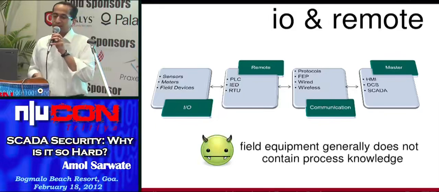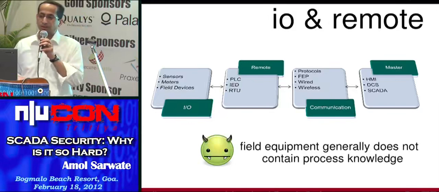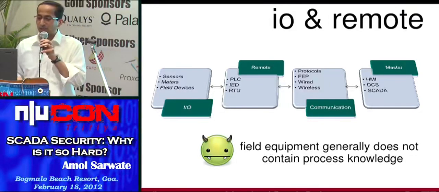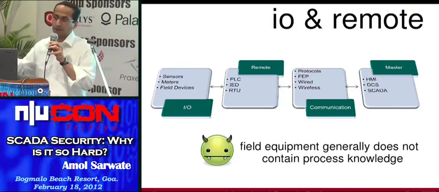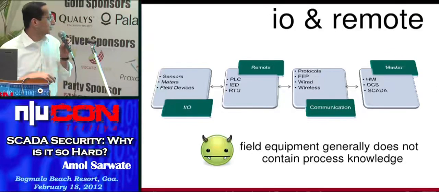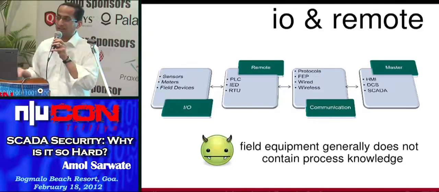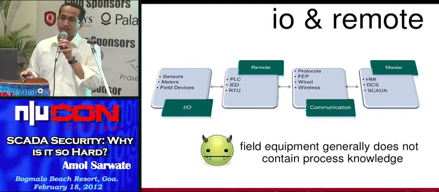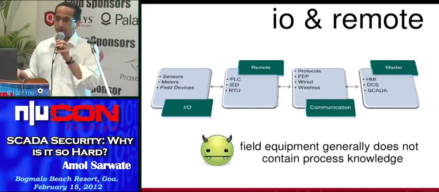Another thing is that field equipment does not generally contain process knowledge. It contains knowledge like valve 16B or breaker 9B. So for example, if you climb a power supply line, unless you know what that particular sensor does, it is generally very difficult to guess what will happen if you disturb that.